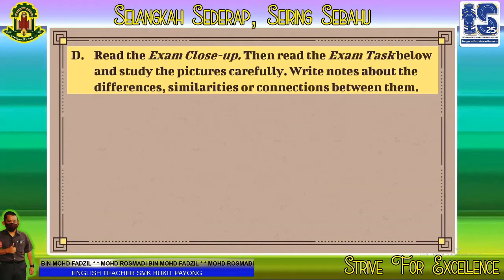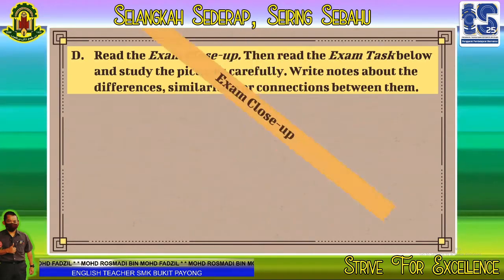We are going to read together. Okay, and then read the exam task below. Sebelah tu ada exam task, and study the pictures carefully. Write notes about the differences. Kalau perlu, you just write notes about the perbezaan or similarities, persamaan, or connections, hubung kait between them.